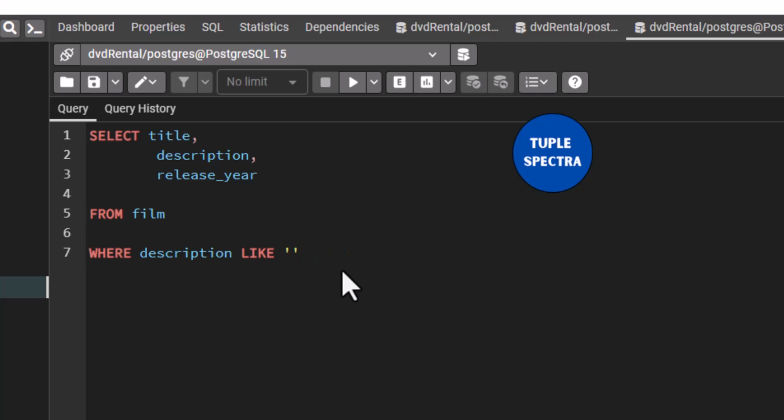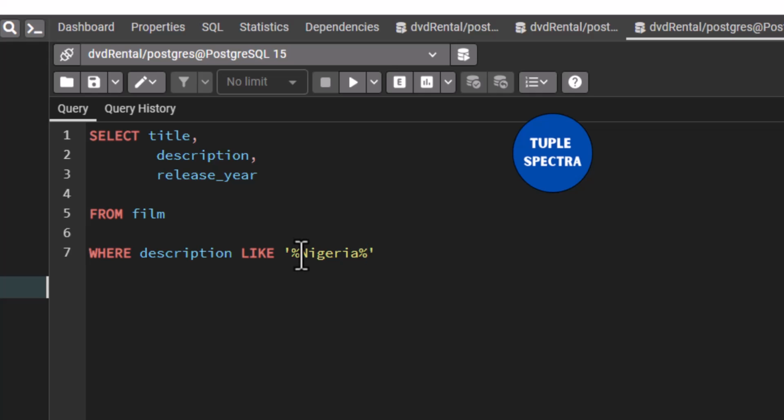What about if we have been asked to return rows where you have Nigeria? In that case, I can say % and then Nigeria, and let's assume that we care about the letter case. What does this mean?